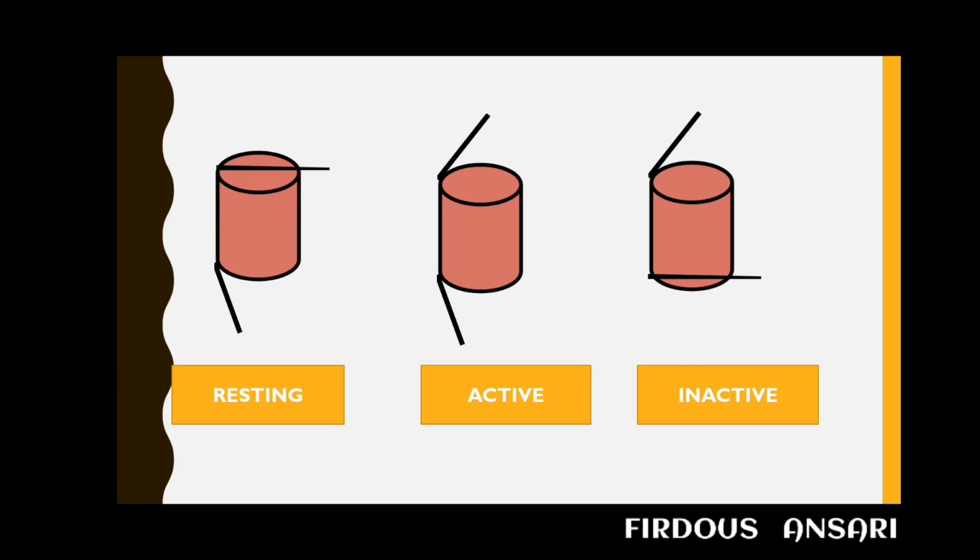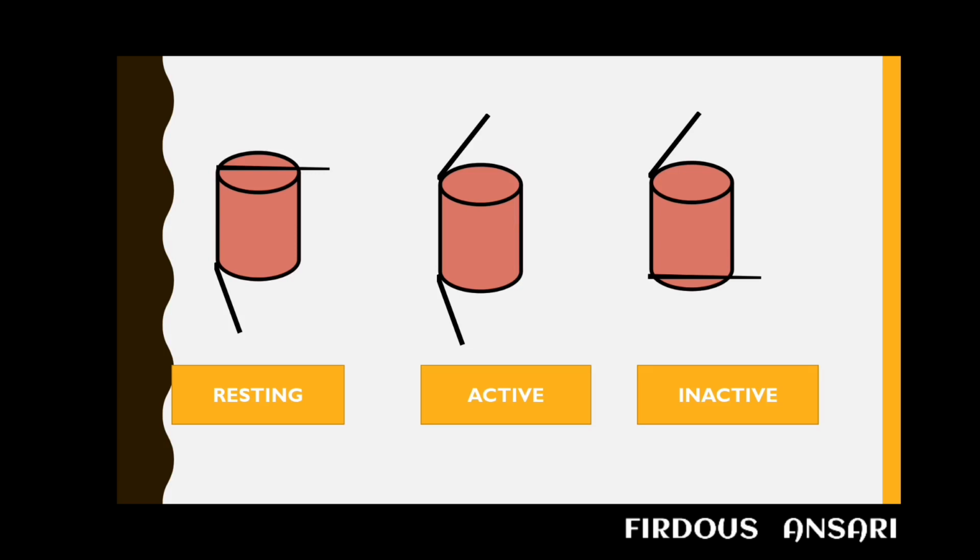So resting stage mainly occurs when the neuron is under resting membrane potential. Once threshold potential has been attained, this voltage gated sodium channel will be in the active state. And when depolarization occurs, eventually after depolarization the inactivation, or you can say the deactivation gate, closes and the voltage gated sodium channel attains the inactivation stage.